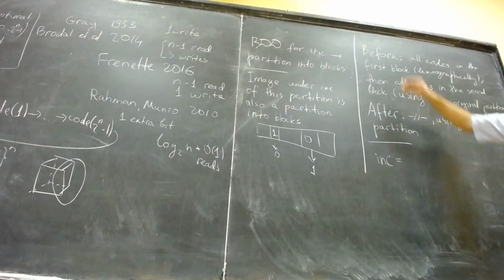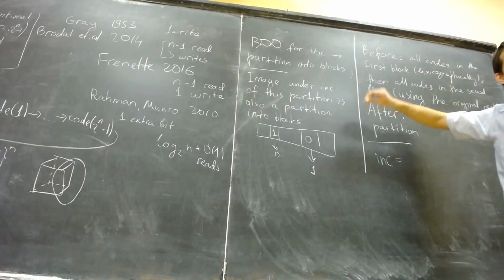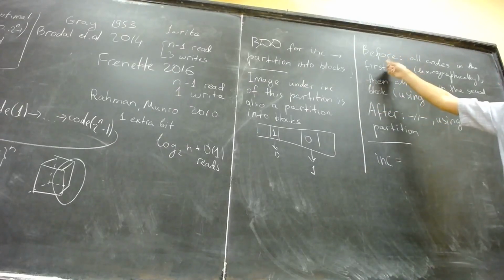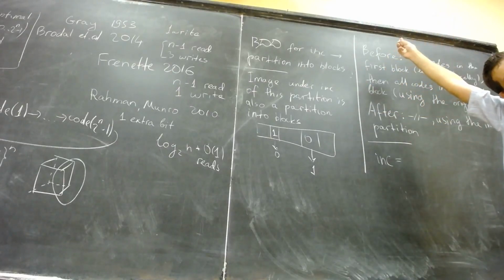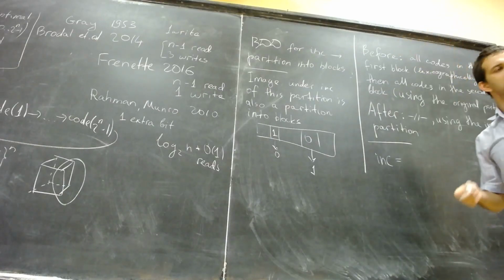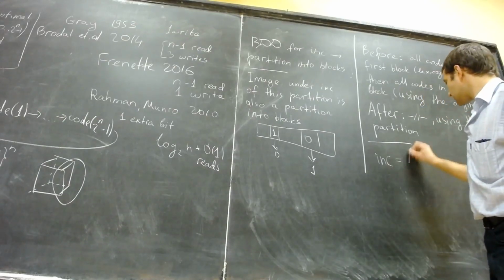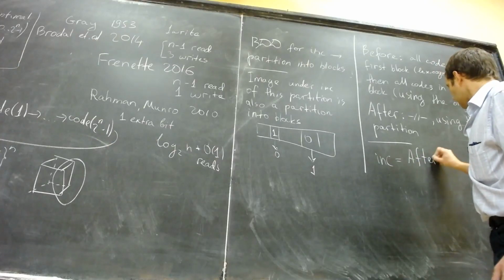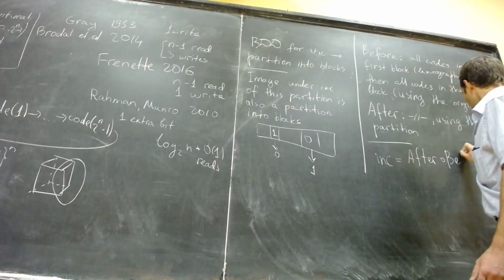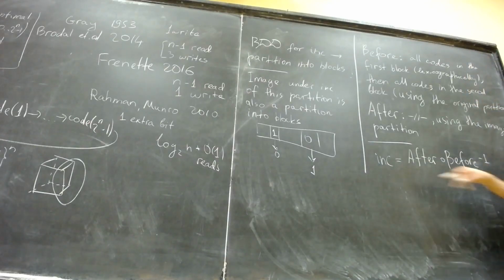If we discuss it as a permutation, then from 0 we go to the initial element of the initial block, and from 1 we go to the second element of the initial block, and so on. I want to prove that indeed increment is the composition of after and inverse before.